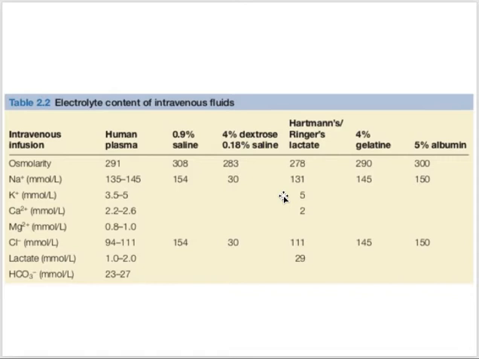So of course, we have the daily requirements. For example, we need around 50 to 90 millimole per day of sodium, 50 millimole per day of potassium, 5 millimole per day of calcium, 1 millimole per day of magnesium.